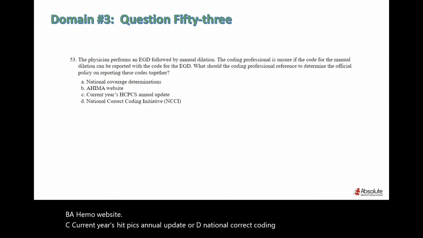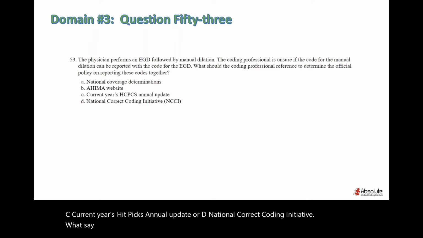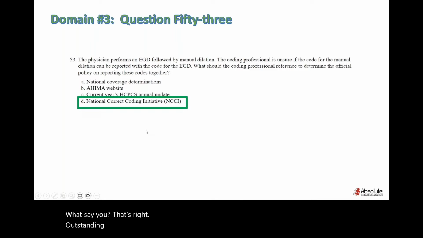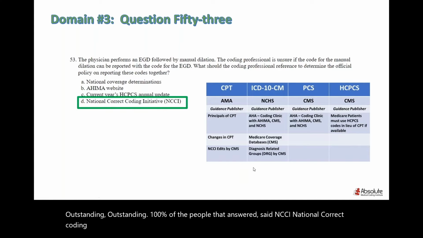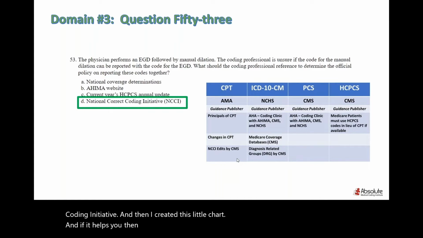What say you? That's right. Outstanding, outstanding. 100% of the people that answered said NCCI, National Correct Coding Initiative. And then I created this little chart. And if it helps you, then definitely use it. So I put the code sets up at the top.